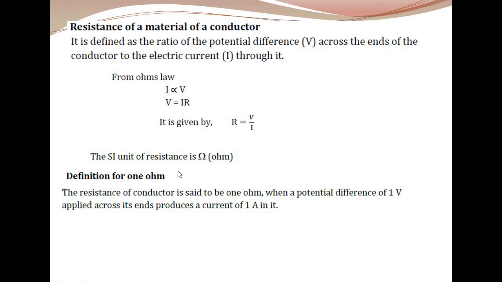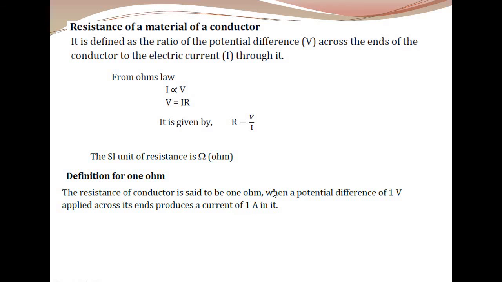How can we define 1 ohm? The resistance of a conductor is said to be 1 ohm when a potential difference of 1 volt applied across its ends produces a current of 1 ampere in it.